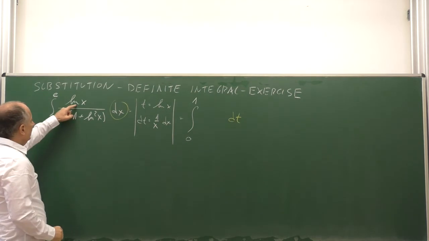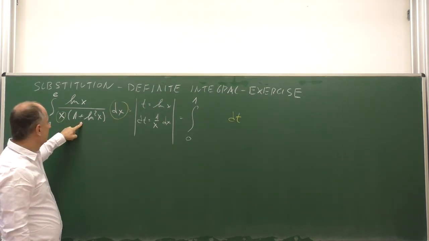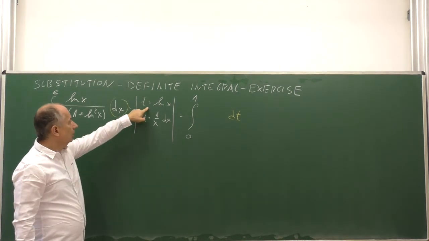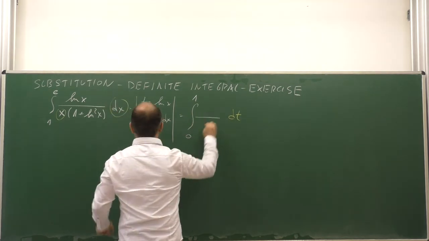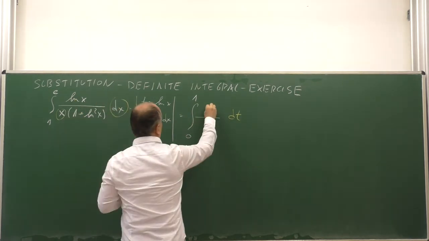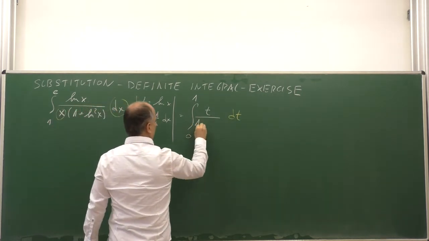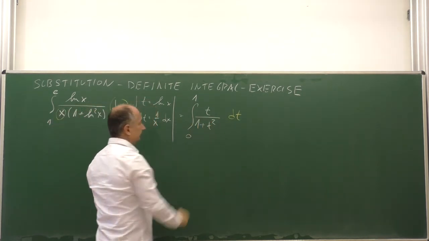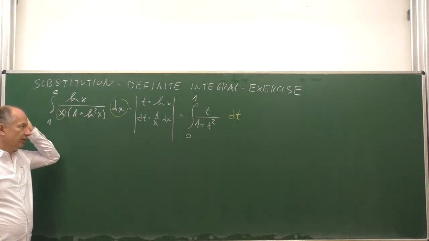And in the remaining part, we must replace logarithm with t. Here we have the fraction, logarithm x, which is t, and 1 plus the square of logarithm, 1 plus the square of t. So that was using substitution for this integral.